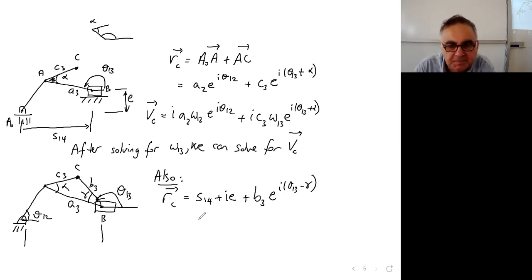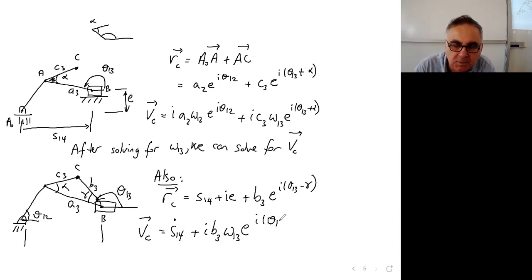So VC can be written as S14 dot plus i B3 omega 1 3 e to the i (theta 13 minus gamma). This is another possible solution.